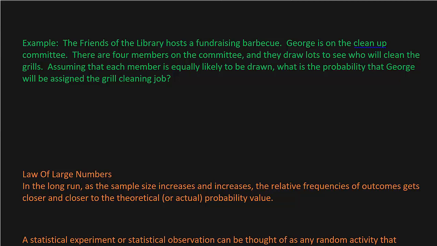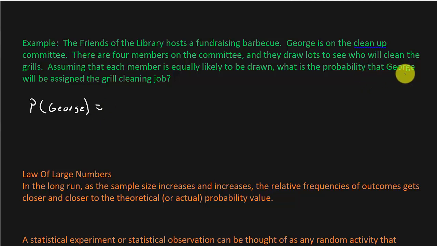All right, so for this one, the probability that George is selected for the cleaning job, he has to clean the grills. Well, what's the number of successful outcomes? Well, for it to be a success, we would have to choose George, and just George, because that's what it says.